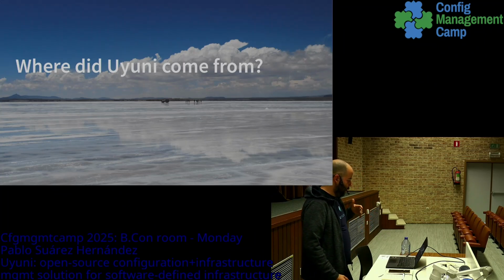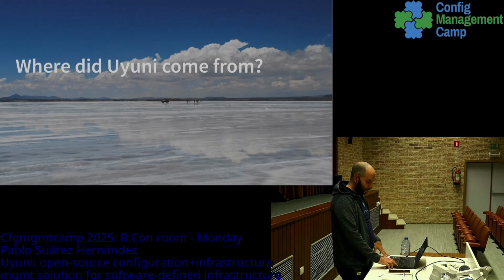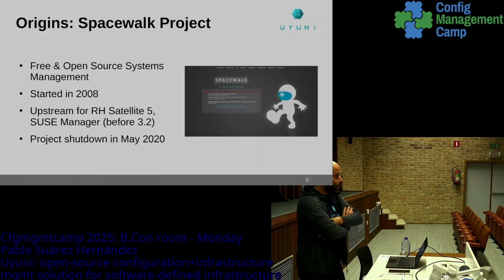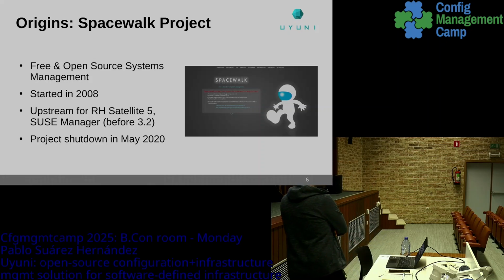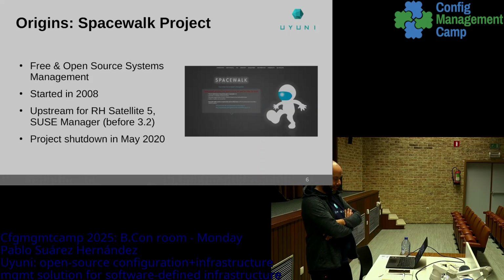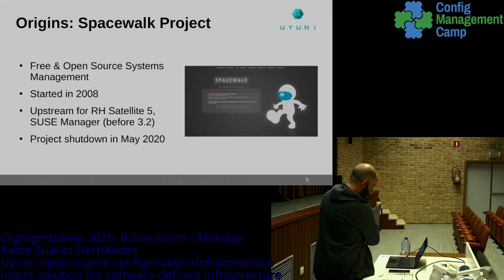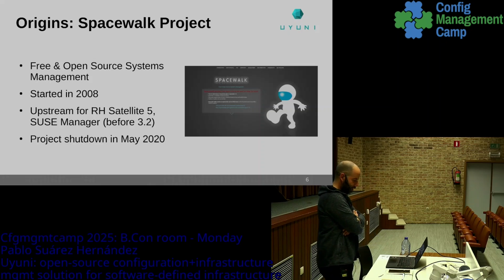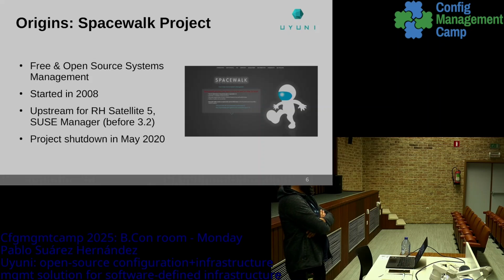So where did Uyuni come from? Let's talk about the origins. You might know the Spacewalk project. It's an old project. It was born in 2008, and it was a free and open source system management system. By then, Red Hat acquired the company that created it, and they used it for their Satellite product until version 5.